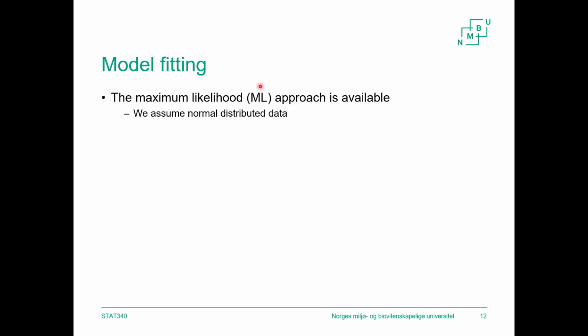I talked a little bit about this in the very first week, but we will not dig into how to do the actual maximum likelihood fitting, because that's sort of a complicated numerical procedure, at least in some cases, and in this case it is. But the maximum likelihood as an idea is at least available here.